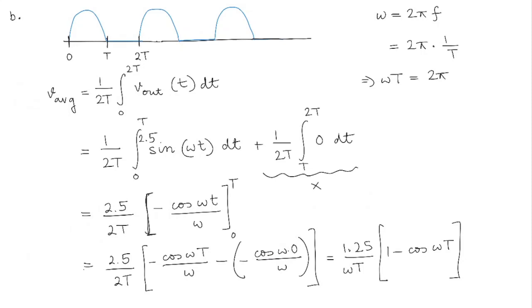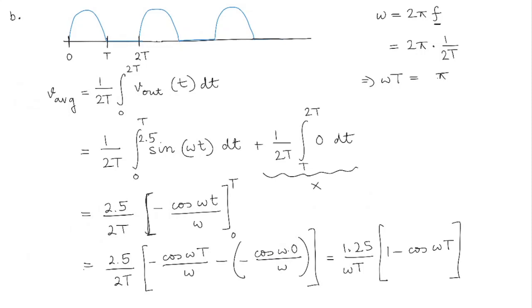But wait, I'm sorry. Look at the time period: we didn't assume the time period to be t, we assumed it to be 2t. So omega times t is going to be what? Pi. Does that make sense?